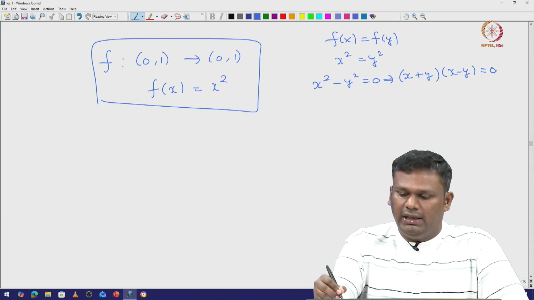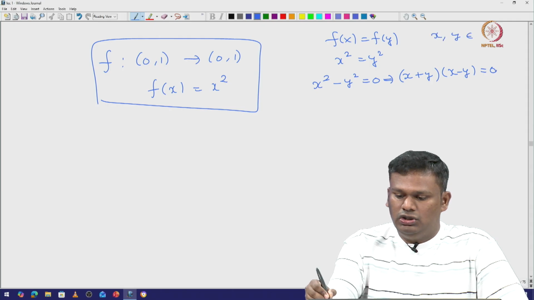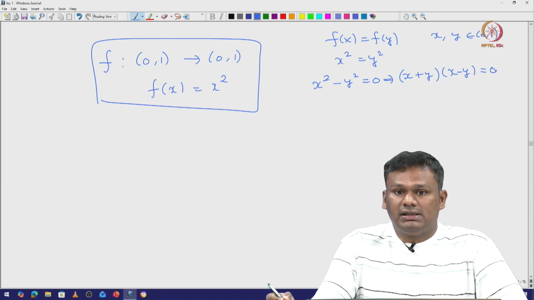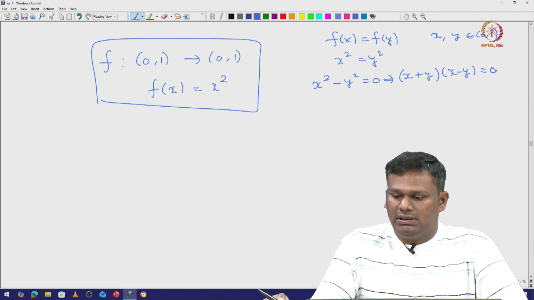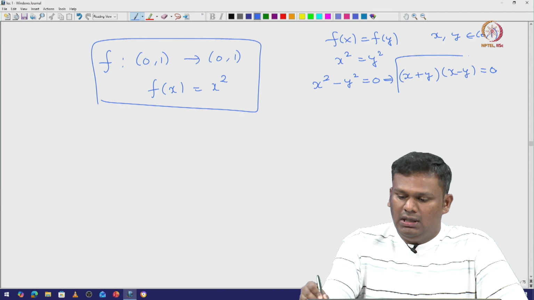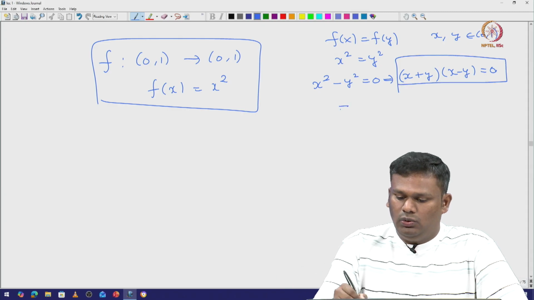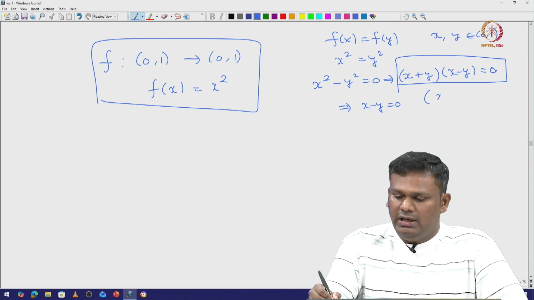But note that x and y come from [0,1], so both x and y are non-negative real numbers. The order property of real numbers tells us that if this equation is true, then x minus y must be 0. That is because x is positive, y is positive, so x plus y is positive, so it is never 0.